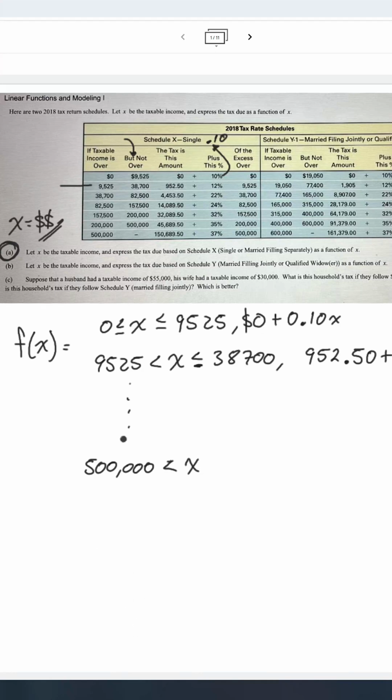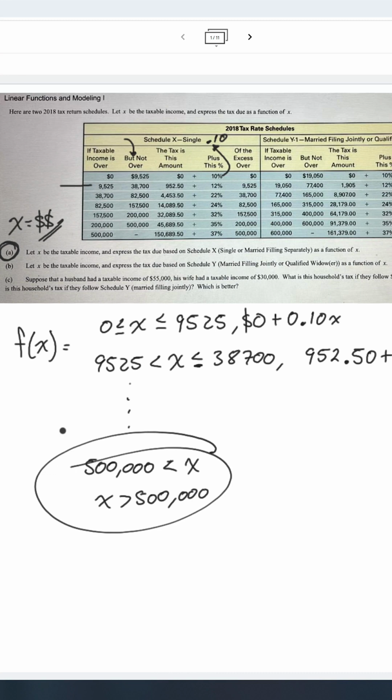Alternatively, if you want, you could express it as X greater than $500,000.